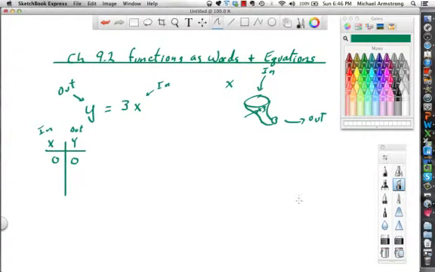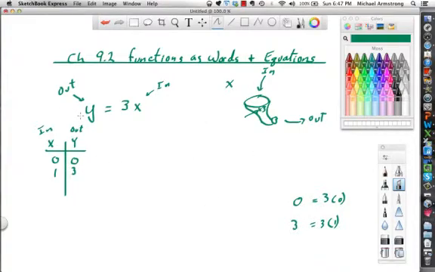If I show you 0 equals 3 times 0, is that true? Yes, it is. If I rewrite it with a 1 so that I have 3 times 1 instead of 3 times x, then what is the output? Well, 3 times 1 is 3, so 3 is the y.